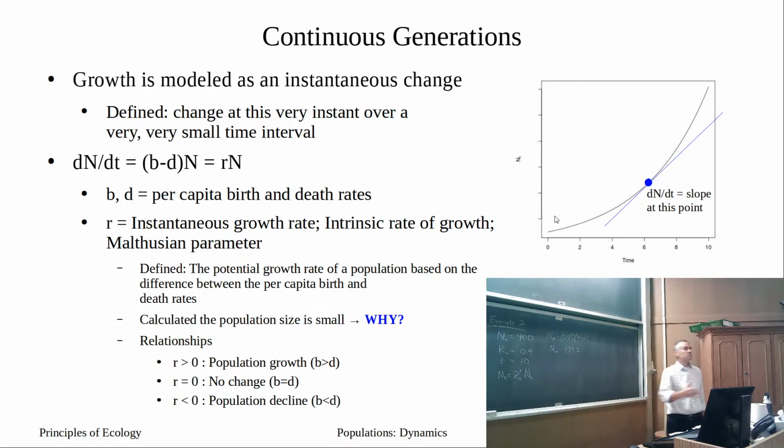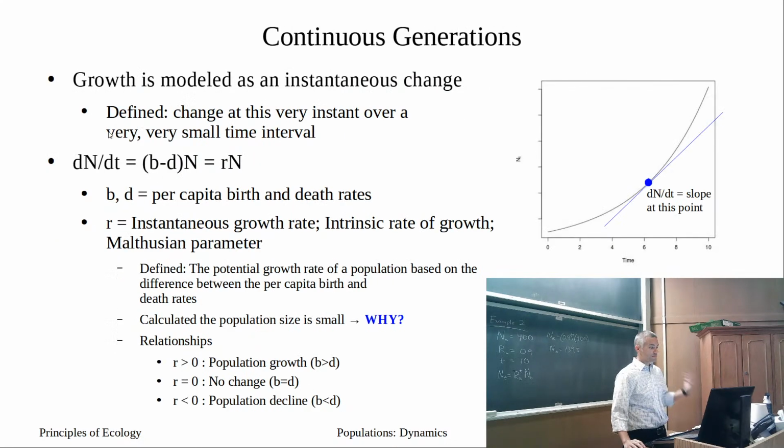We've got unlimited space and unlimited resources. We don't expect any sort of intraspecific regulatory factors at work. So at our small population size, Michael, you're right. This is when we want to measure our potential growth, because once we get larger, we have other factors that start to affect our population size. And we will talk about those factors.